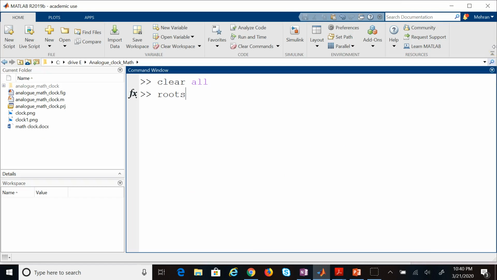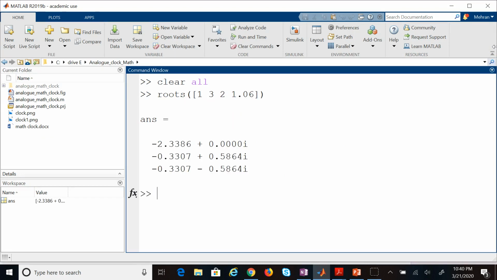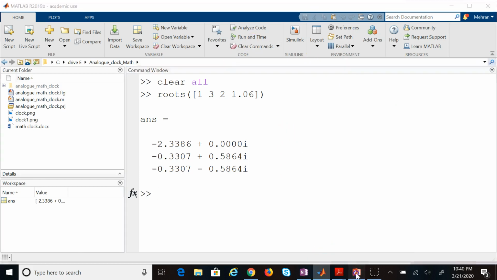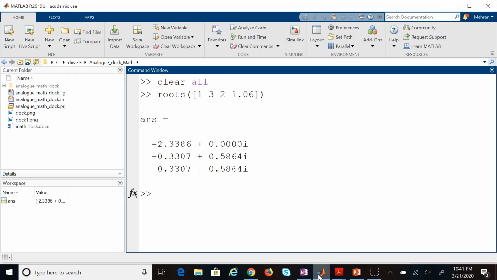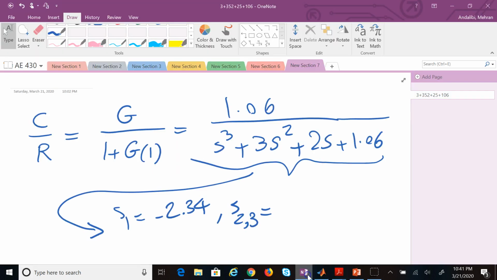The roots to 1, 3, 2, and 1.06 are: s1 is at negative 2.34, and s2 and s3, which are complex conjugates, are at negative 0.33 plus and minus j 0.59.